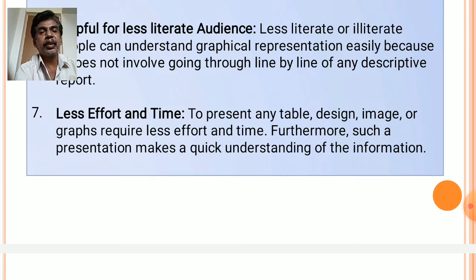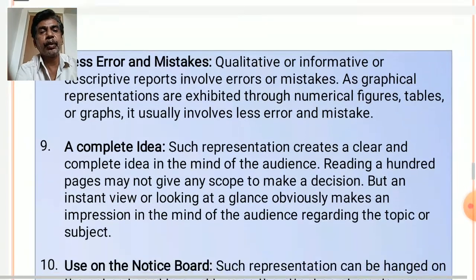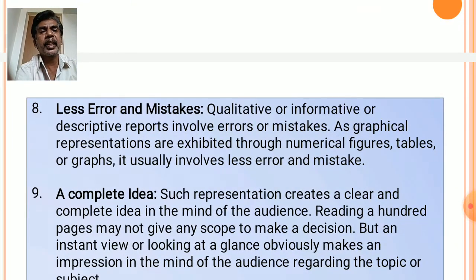Then less effort and time. To present any table, design, image, or graph requires less effort and time. Then less error and mistakes. Errors and mistakes are very few when representing statistical data, as graphical representations are exhibited through numerical figures, tables, or graphs.